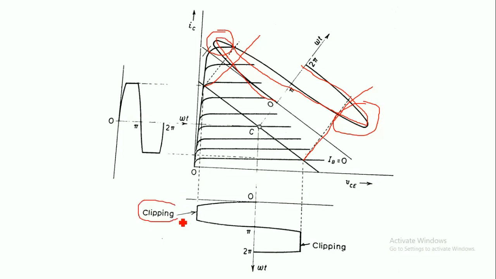So here there will be clipping of the positive and negative cycles. From this we can see that the transistor operating point should be at the middle of the active region on the DC load line, and at the same time the input signal should not be a large signal, so that we do not get distortion at the output. So like this we have to select the operating point of a transistor.